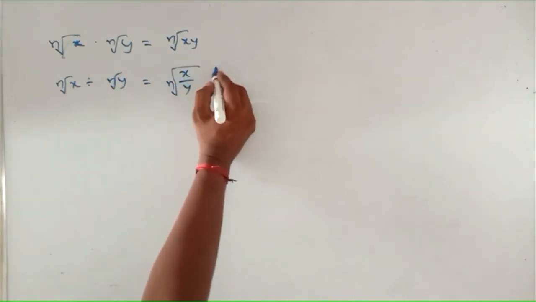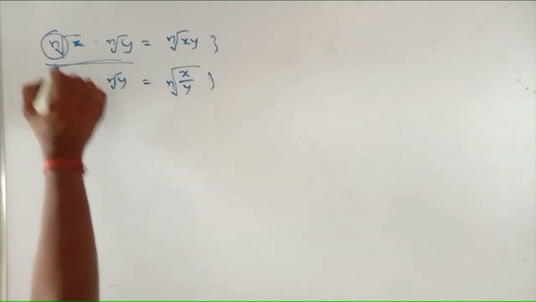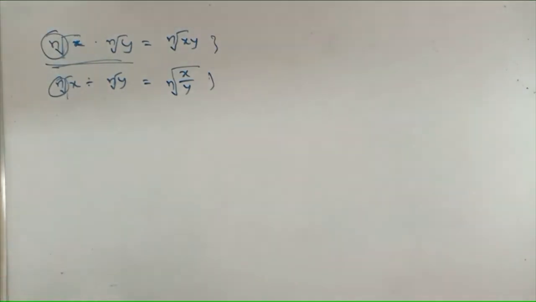So this is for the division. That means the order should be the same, the nth root will be the same. Okay, if the roots are the same, then only we will multiply and divide.